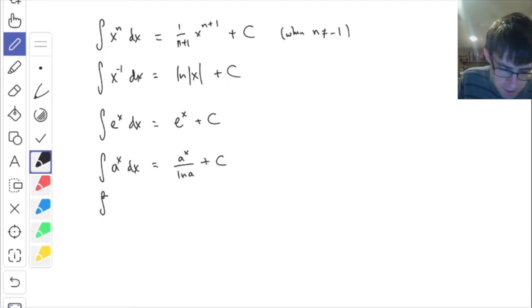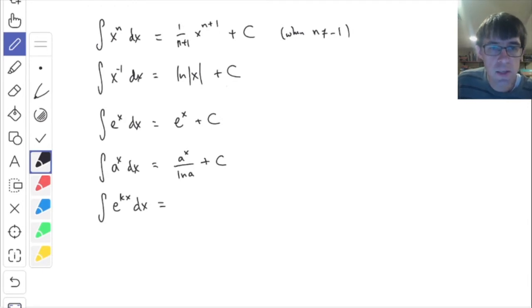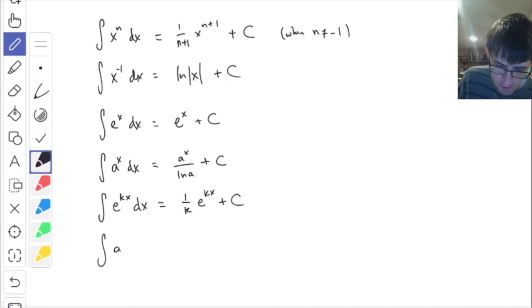And then we have variations of those when there's an additional constant: e to the kx, when there's an extra constant inside the exponent. Unfortunately, you just have to remember these. 1 over k e to the kx. And then the most complicated is a to the kx dx. This is 1 over k natural log a, times a to the kx, plus c.